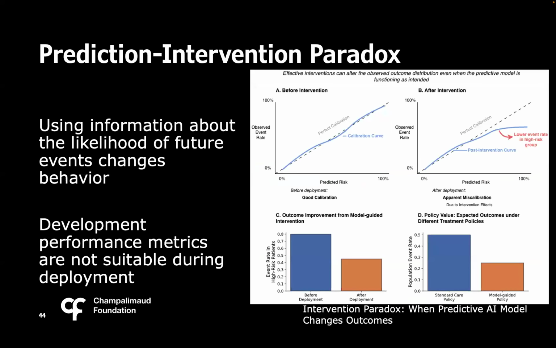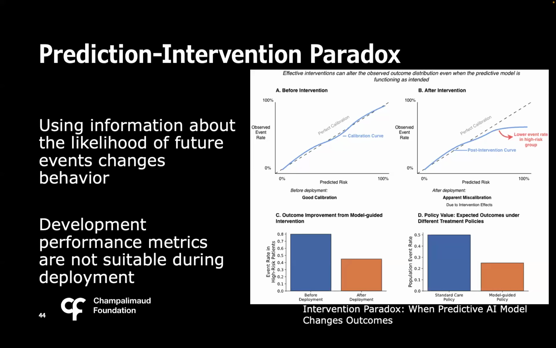So let's imagine the case of a patient with a high cardiovascular risk. So on the calibration plot, let's imagine that the model is very good. It would be situated over here. But all of a sudden, after the intervention, when we give statins to these patients, what we are going to do is reduce the risk of this event taking place.